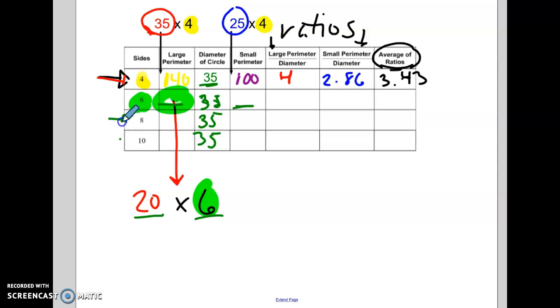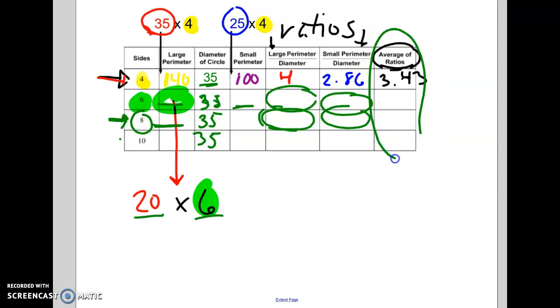So for the octagon, you take the length of each side and then multiply it by 8 to tell you the perimeter. Now remember, these sections, this ratio, that's a division step for both the large and the small. And remember, this average is where you're going to add your ratios together, and then your last step is going to be to divide by 2, and you write your answers in here.